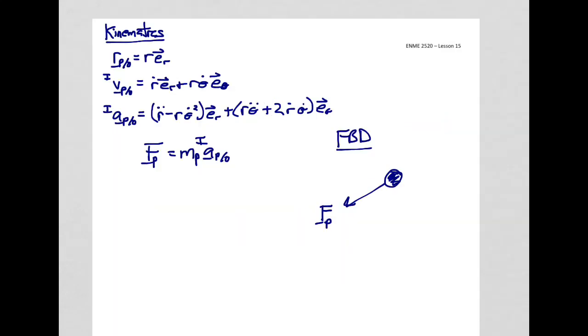So, on our free body diagram, Fp is going to be equal to minus G, our gravitational constant, times the mass of the large object multiplied times the mass of the small object, divided by r squared, and the direction is in ER, so the direction is in the negative ER direction.